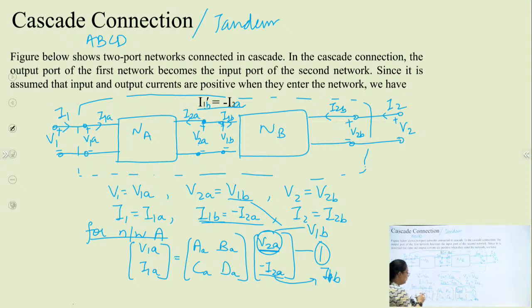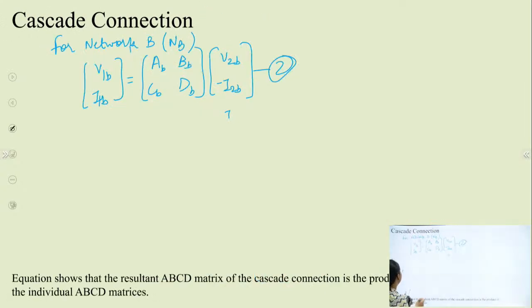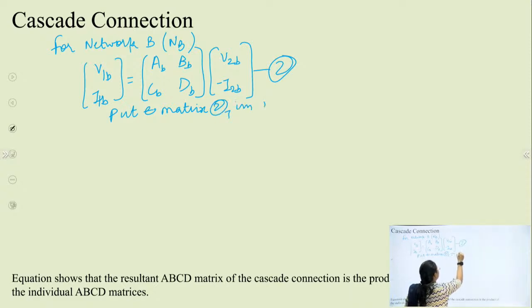Okay, so another matrix will be V1A, I1A in terms of ABCD parameters and the value of this. So I can write: put matrix 2 in matrix 1. Put value of matrix 2 actually.